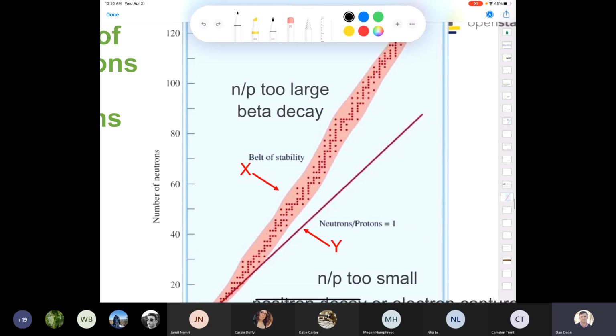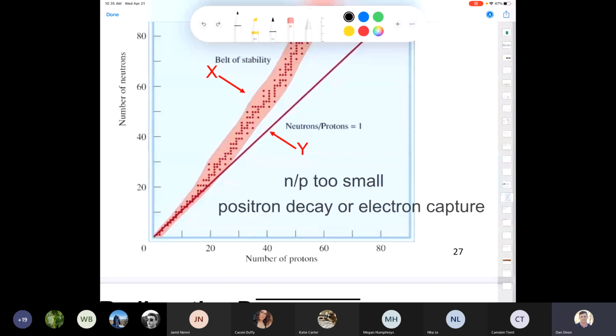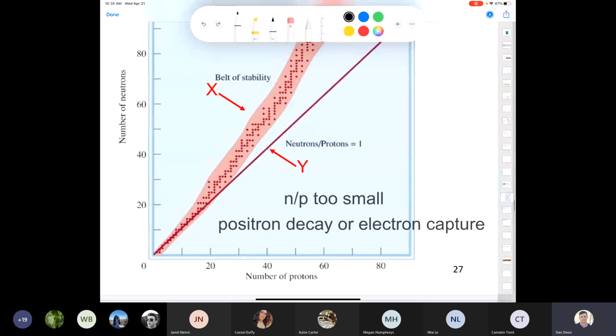If you're on the lower side of the band of stability, then the ratio of neutrons to protons is too small, and so the nuclides are going to undergo positron decay or electron capture to get closer to the band of stability.